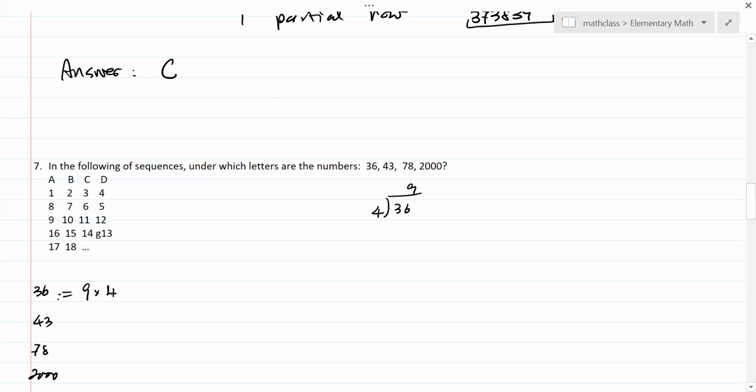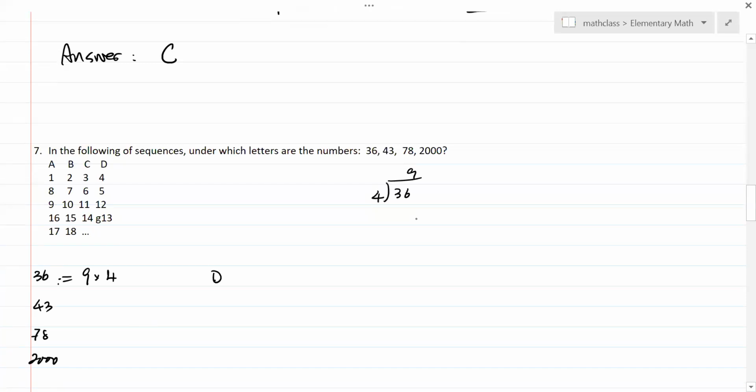You have 9 complete rows, which gives you D, because 36 is the last number in the block. Then 43 divided by 4, the remainder is 3, so it's 10 times 4 plus 3.